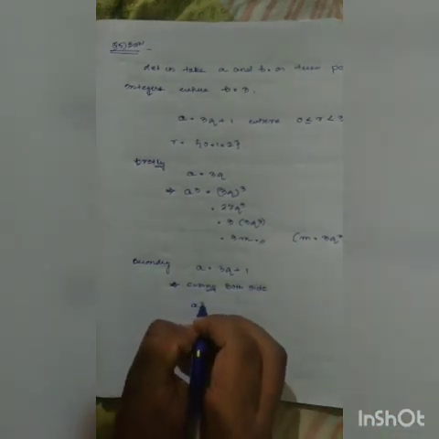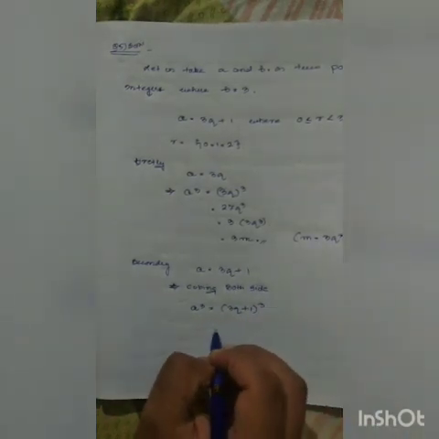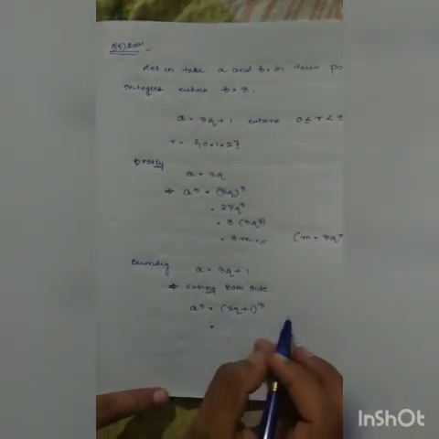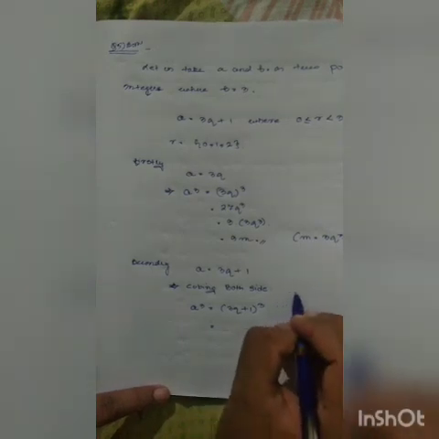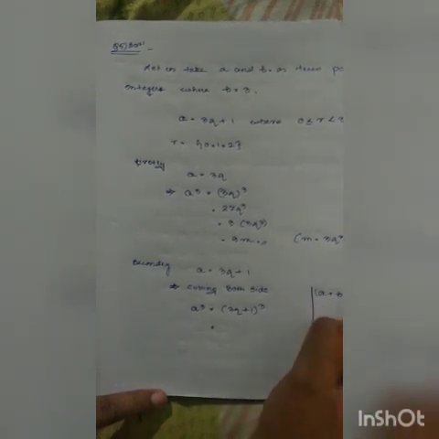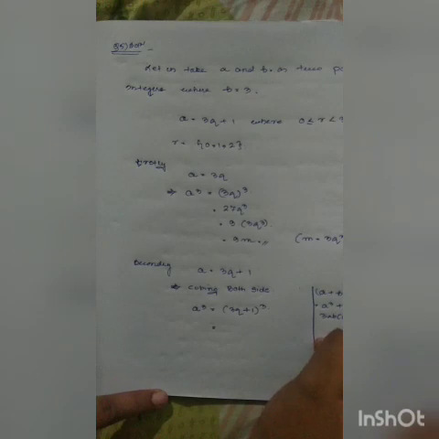we get a cube is equal to (3q plus 1) to the power 3. So as we know, I will write the formula on the left side. So (a plus b) whole cube is equal to a cube plus 3ab(a plus b) plus b cube.